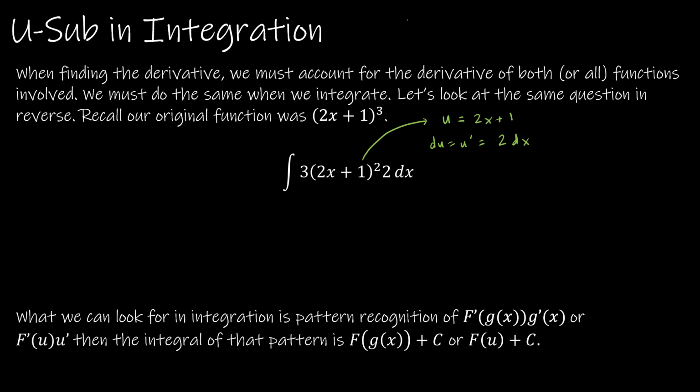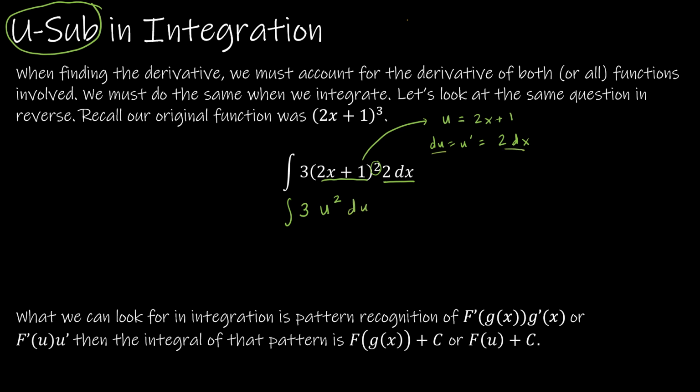So what I want to do is I want to say, can I rewrite this integral with U-substitution? So the 3 doesn't get replaced by anything, but 2x plus 1 is u. So this is now actually u squared. And then 2dx gets replaced with du.